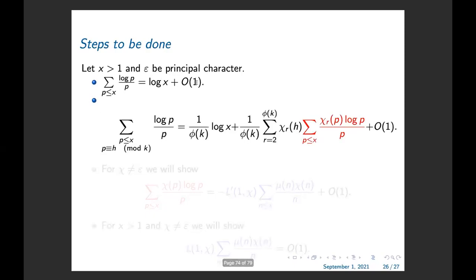Next, we want to show that if we consider this sum of log p over p, where the sum is over all the primes which are less than or equal to x, and p is congruent to 1 modulo k, this partial sum we can express in terms of these three identities.